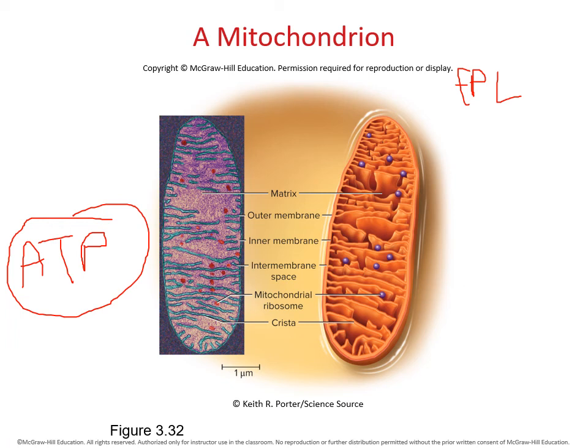Now, a few interesting things about the mitochondria, and you can see that on the illustration. One is that the mitochondria actually has two membranes. It has an outer membrane on the outside that's nice and smooth, and then it has an inner membrane that is right below the outer membrane that's full of these little curves.